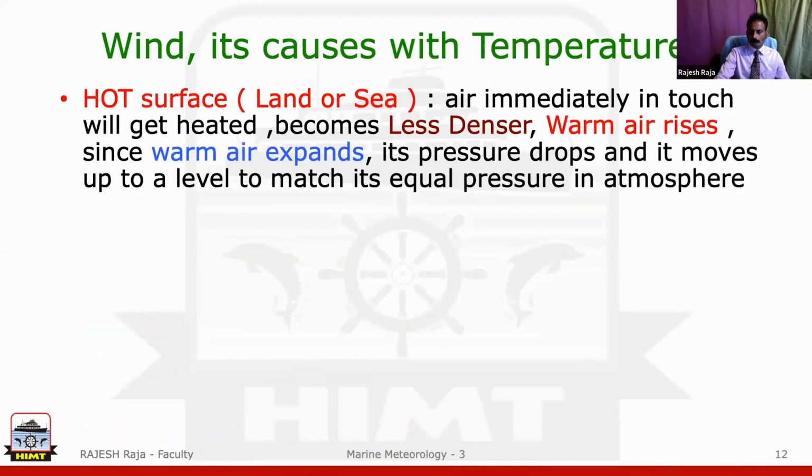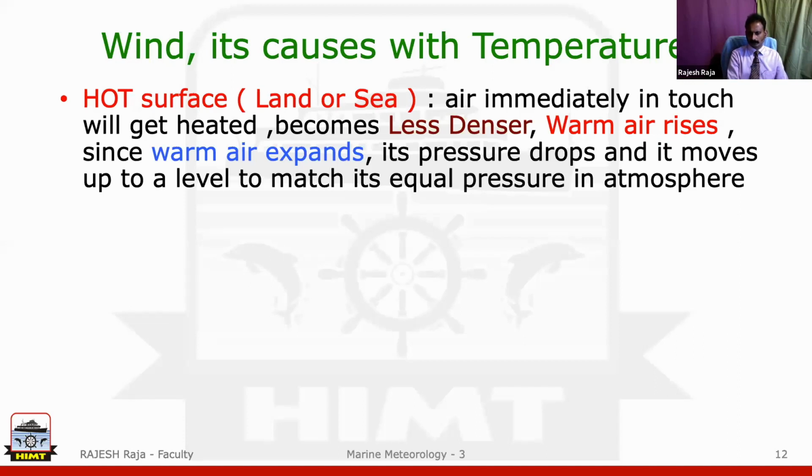Okay. Now let us quickly look at how different surfaces create different pressures. Let us take a hot surface. That surface can be land or sea, doesn't matter. The air which is immediately above a hot surface will get heated up. We all know by common sense, anything which is hot, air or smoke, whatever, it rises because its density becomes lesser.